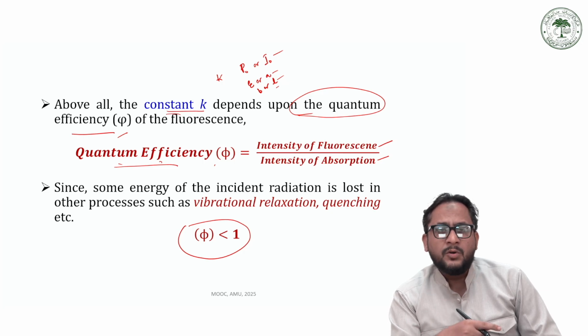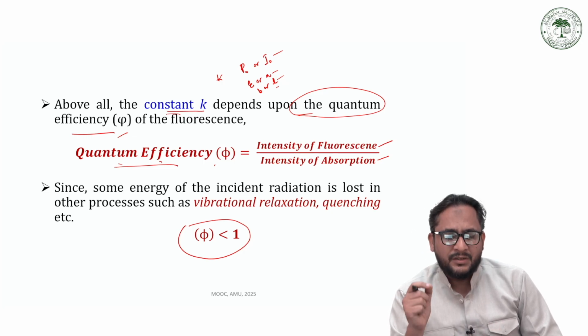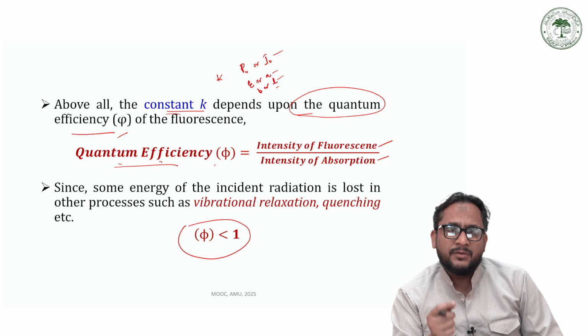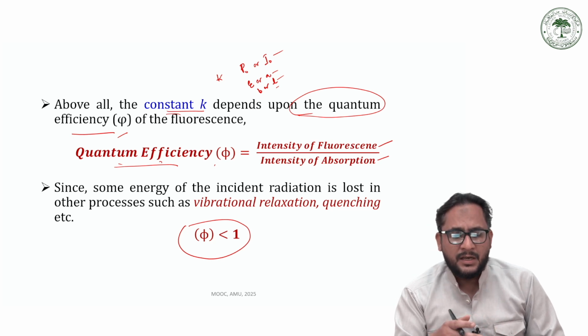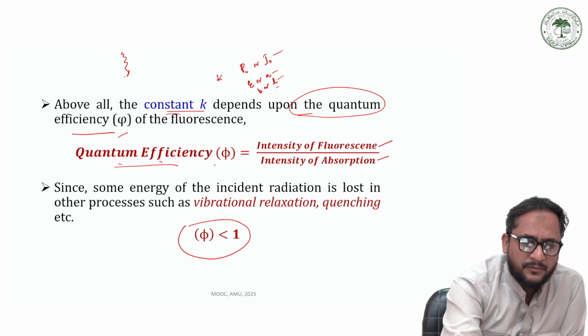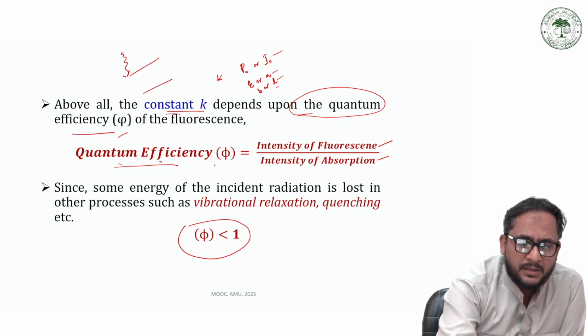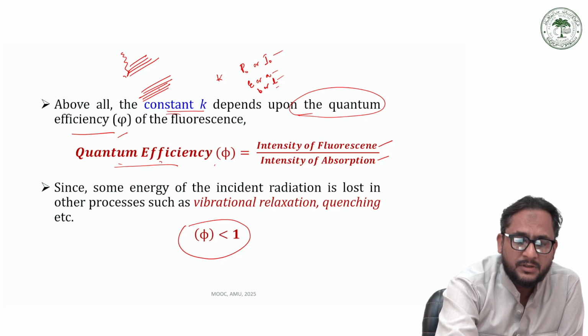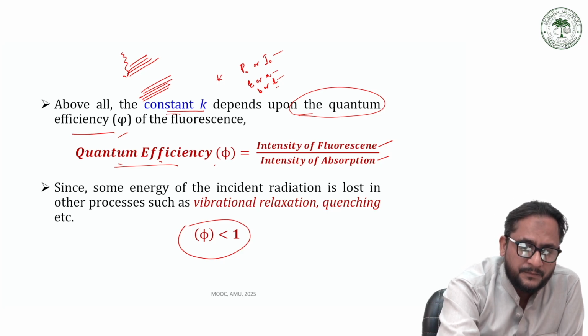I have explained these phenomena of quenching and vibrational relaxation when I was explaining the Jablonski diagram in detail. There I showed you these types of lines which represent the vibrational relaxations, because in the ground electronic state there are certain vibrational levels, and in the excited electronic state also there are certain vibrational levels.